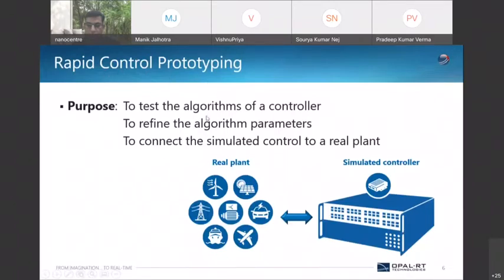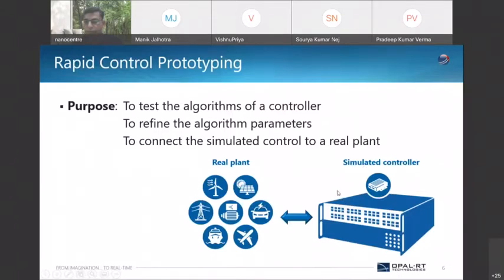In RCP, the main purpose is to test the controller algorithms, refine the algorithm parameters, and connect the simulated controller to a real plant. So this is the case of RCP, where we have the real plant on the physical side and our controller on the simulator.